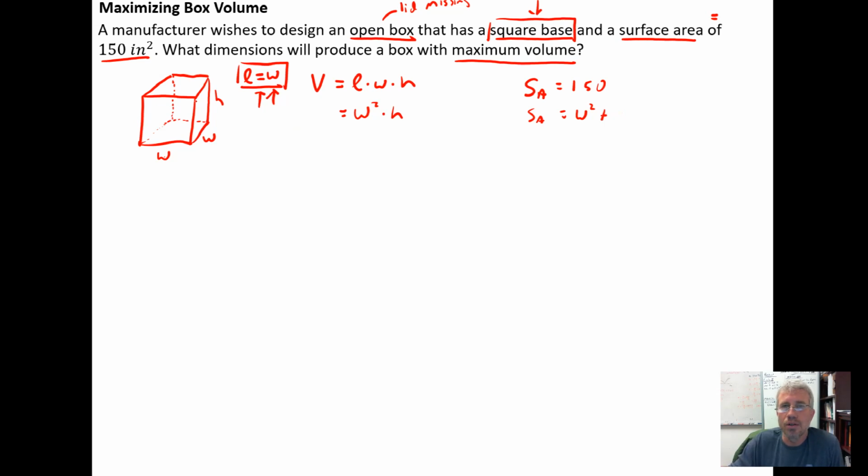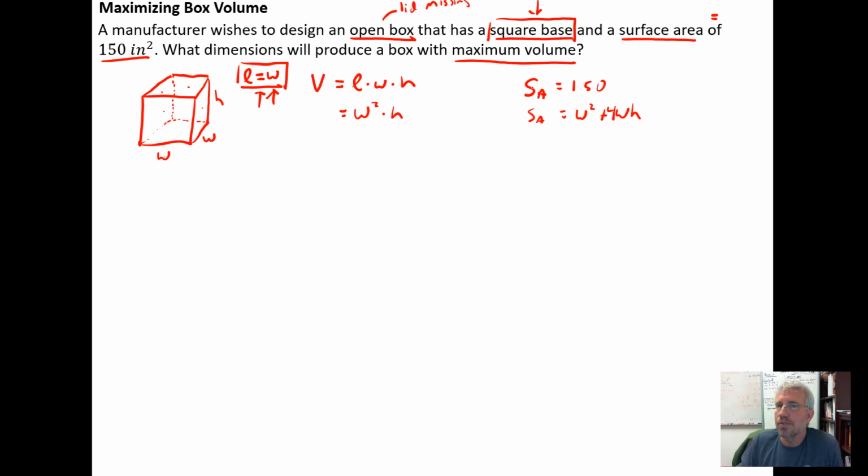Plus, if I look at these vertical faces, they're going to have width W and height H. So they're rectangles. So we just get height times width, or width times height. And I have 1, 2, 3, 4 of those. So the surface area is going to be width squared plus 4 times width times height.